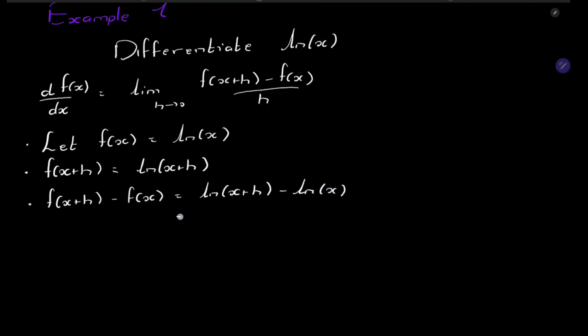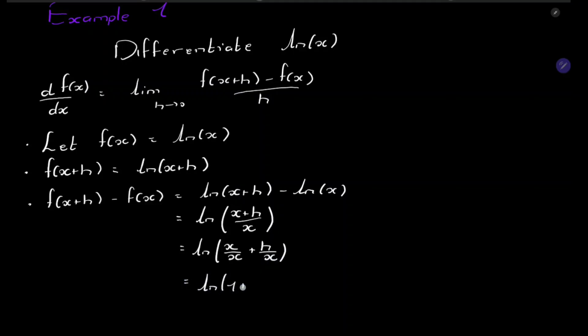of x. And if we recall from our logarithm principles, we know that ln of x plus h minus ln of x is the same thing as ln of x plus h, all divided by x. Simplifying this further, we obtain ln of x plus h on x, which simplifies to ln of 1 plus h on x.